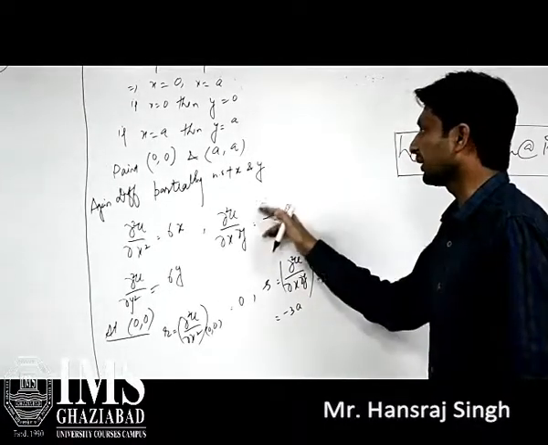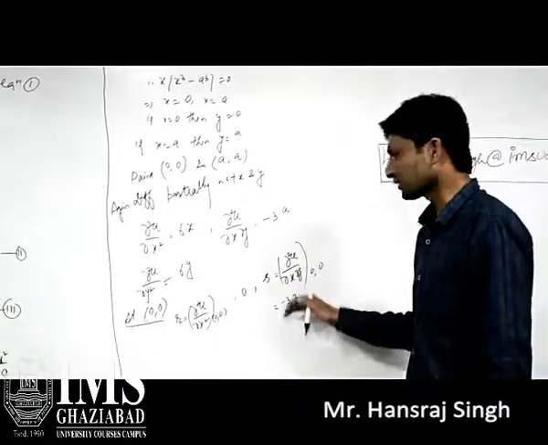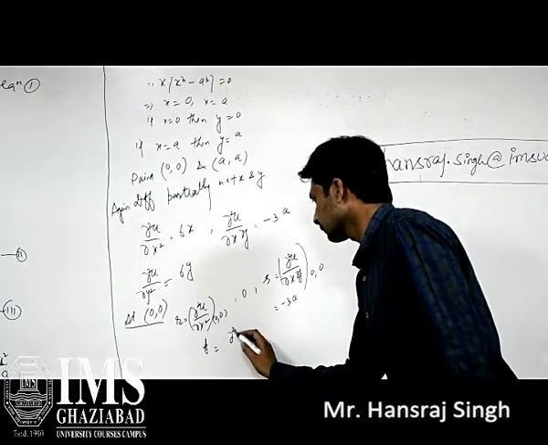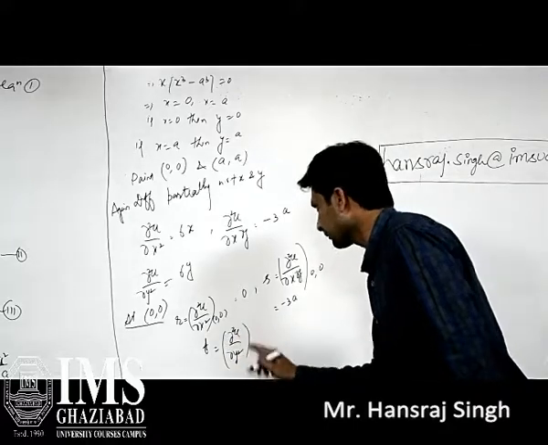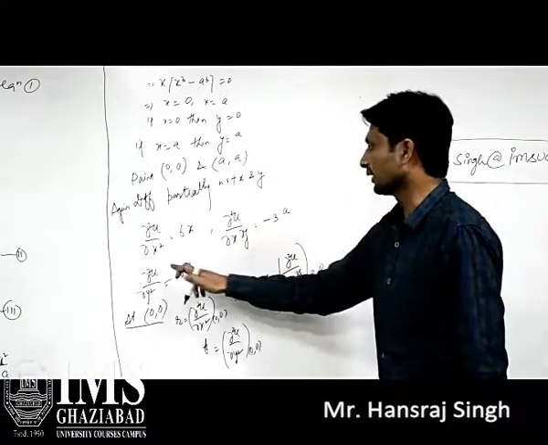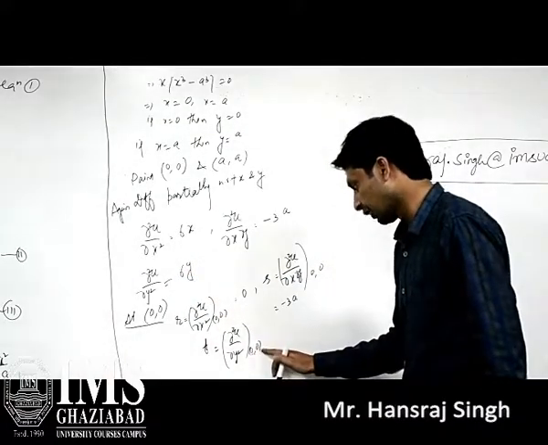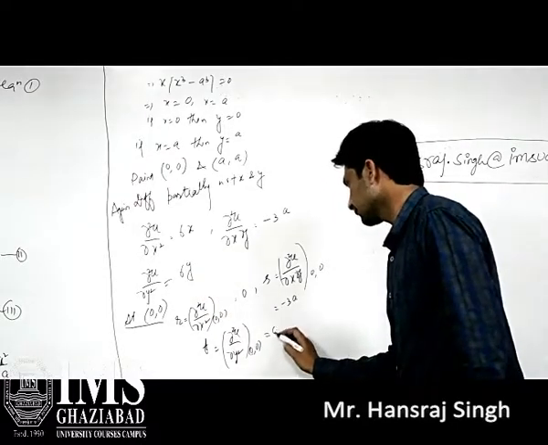And t is equal to del 2u upon del y square, which we have already found, at the point 0, 0. This is simply 6y, and with x is 0, y is 0, this is equal to 0.